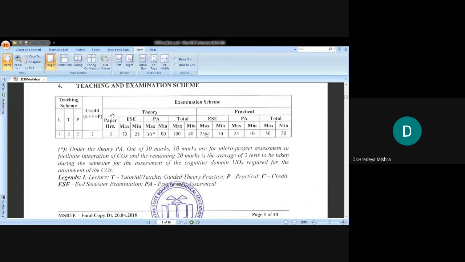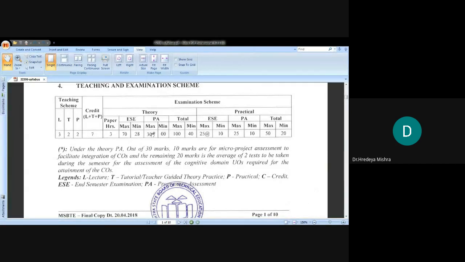Okay, the paper is for 3 hours, 70 marks for your theory paper, and out of 70, 28 is the minimum marks you have to achieve.